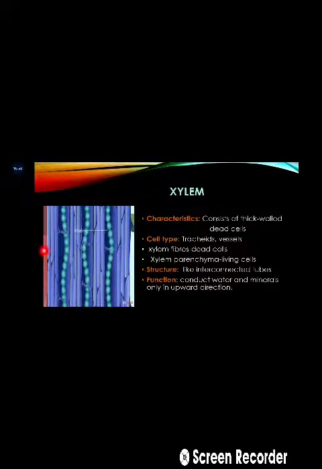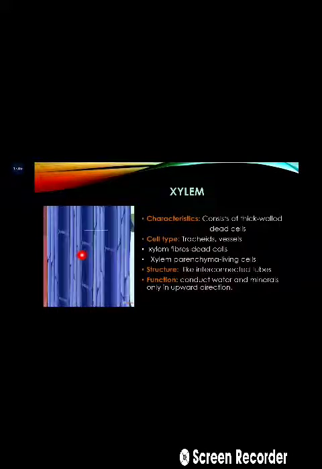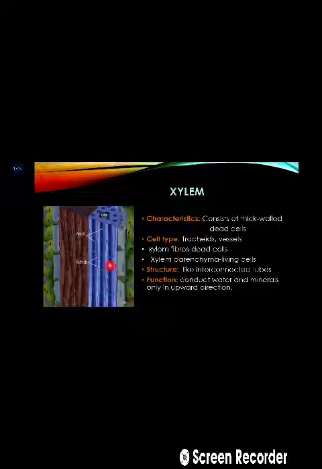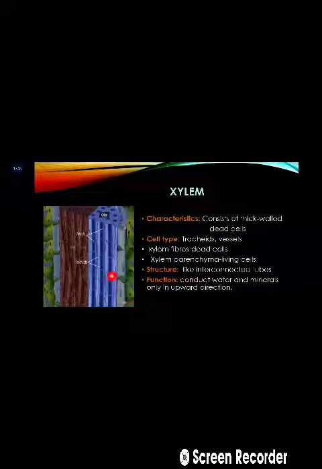The brownish colored tissue that you see are the xylem sclerenchyma cells. Now, it functions as the pipeline. It helps in conducting water, that is transportation of water and minerals in the upward direction.